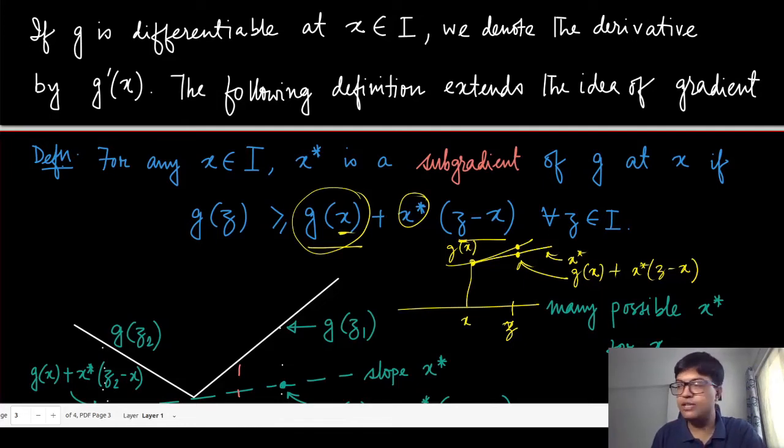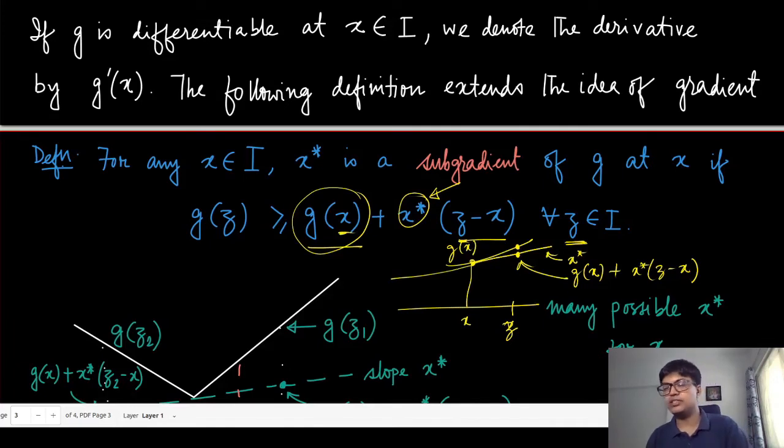If that happens, then we are going to call this x star a subgradient of g at that point x. And of course, I have only shown the positive direction. This should hold for all z, so it should also hold in the other direction.